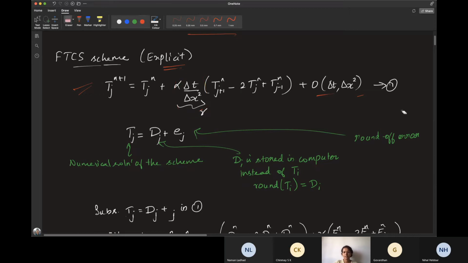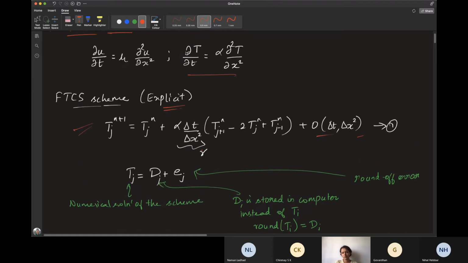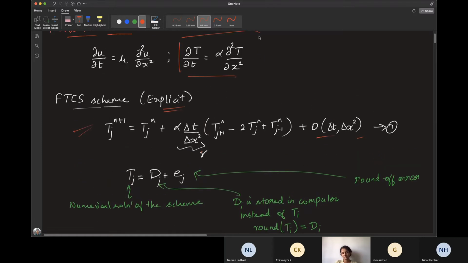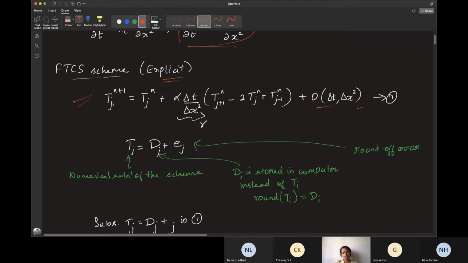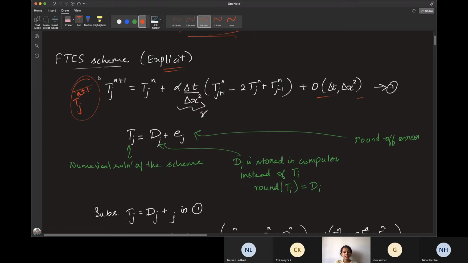This equation number 1 is a difference equation to approximate this differential equation. Here T j n plus 1 is the solution that you get out of this difference equation. So T j is the numerical solution of scheme 1.